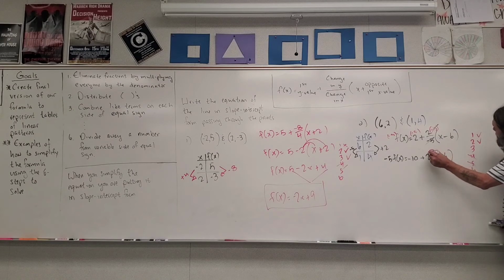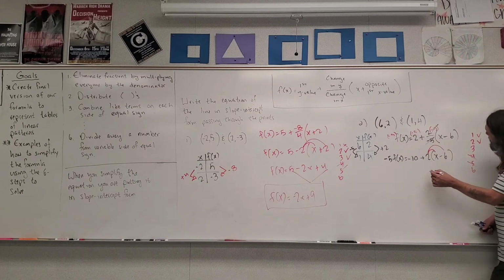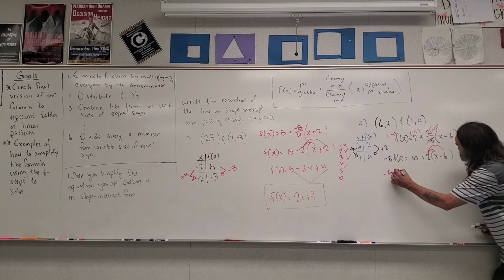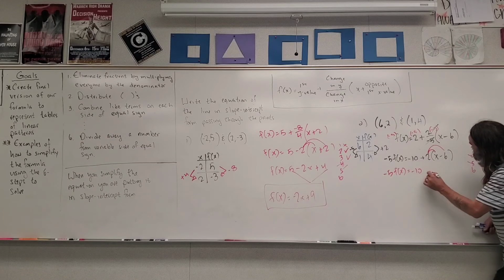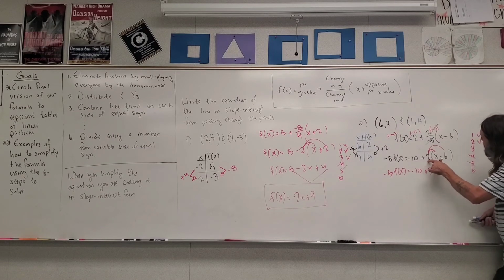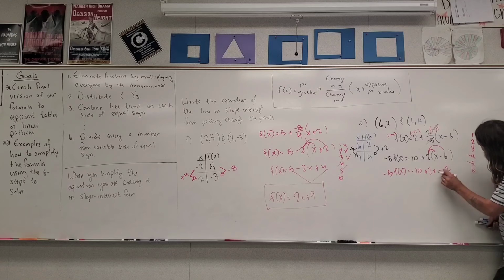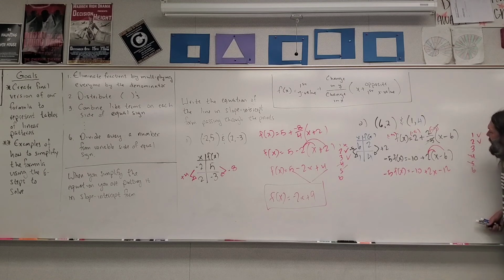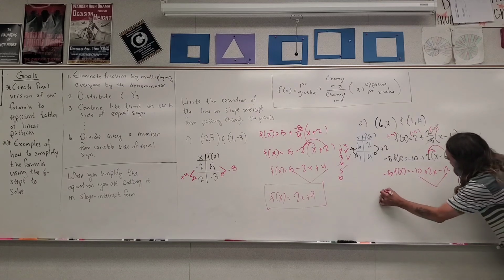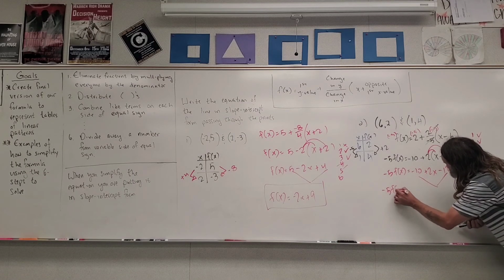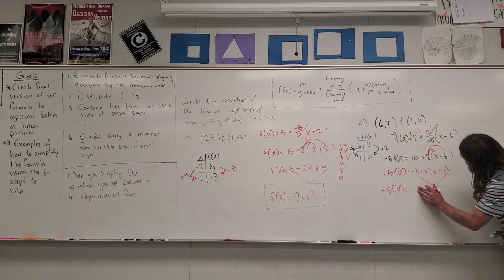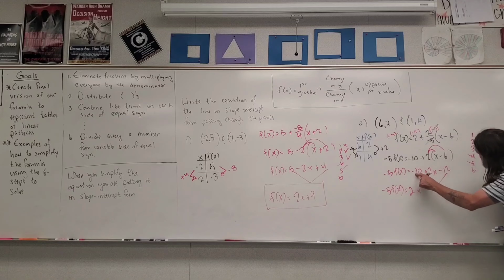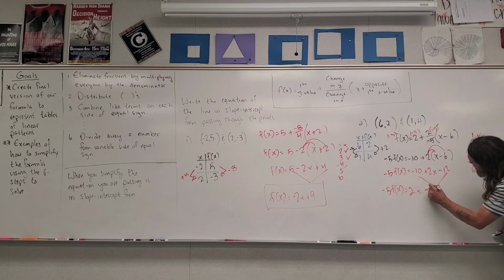Distribute the positive 2, the x, and the 6, so now I get negative 5 f of x's equals negative 10 plus 2x. 2 times negative 6 is minus 12. Let me make that look like an x. There we go. All right, let's combine like terms here. So I get negative 5 f of x's equals minus 10, minus 12, equals positive 2x. I owe you 10, I owe you 12, so I owe you 22.